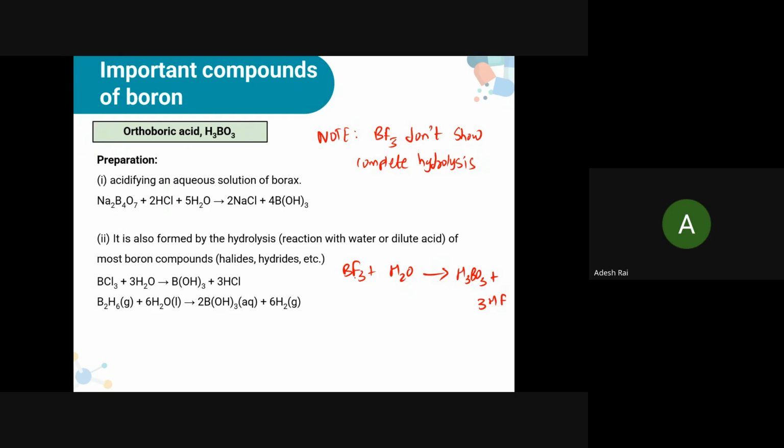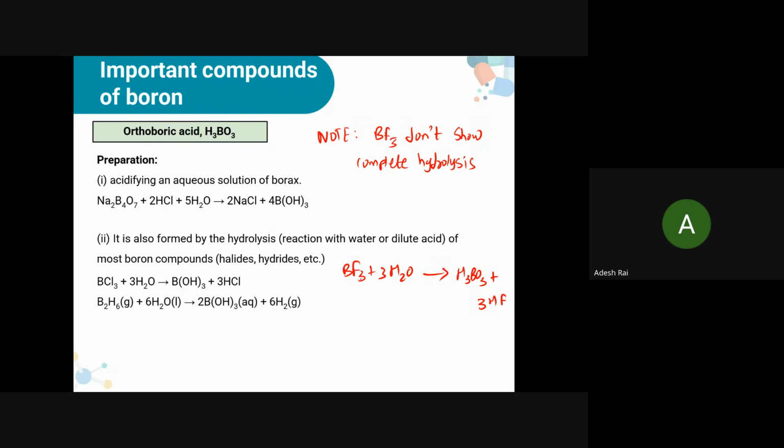Now, is the reaction balanced? The answer is no. So we put a 6 in front of it. Now it is balanced, right? So this is the product that we have obtained.